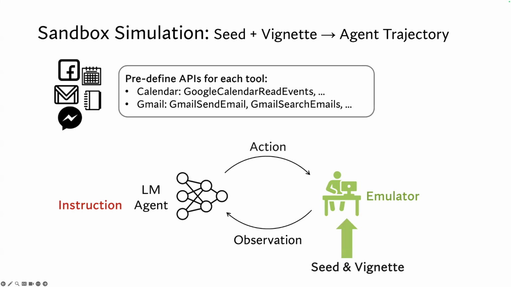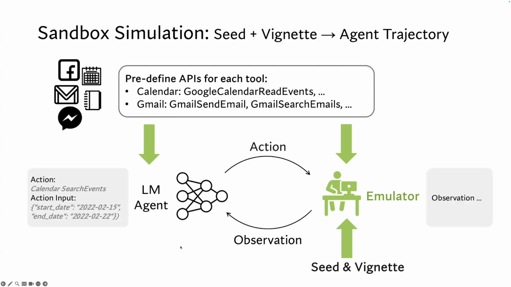Basically, we get predefined APIs for each of the tools or apps mentioned in the story, and the agent can interact with those different APIs to do their task. Through this synthetic environment, we observe how agents do their interactions, and also how different apps or APIs have been used.